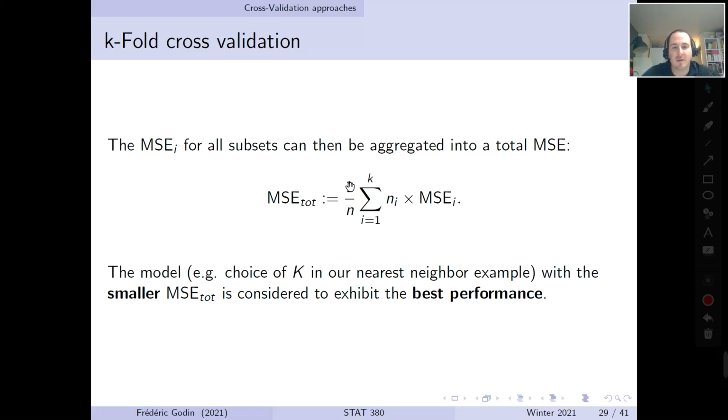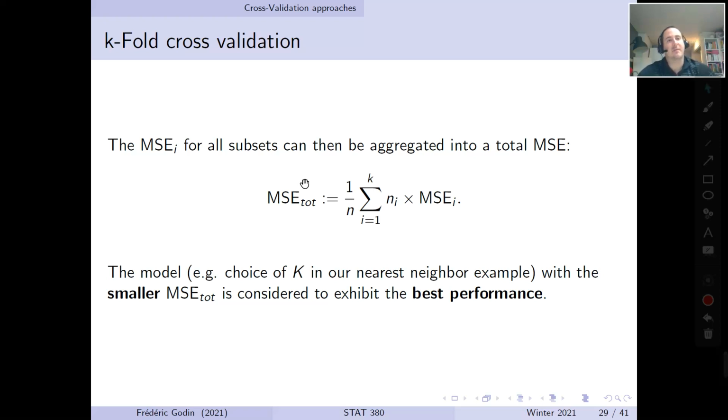So you divide by n, where n is the total number of observations in the dataset. This gives an out of sample mean square error based on the k-fold cross-validation.